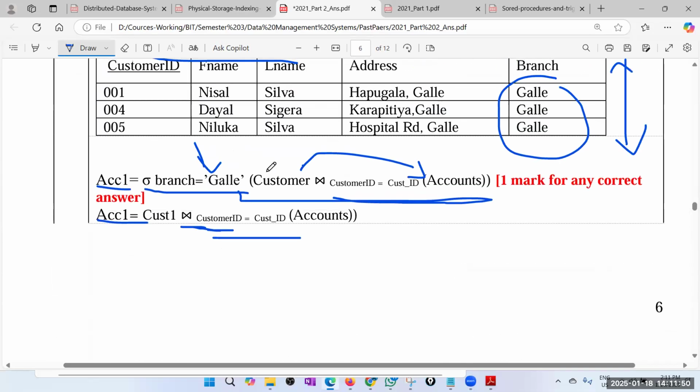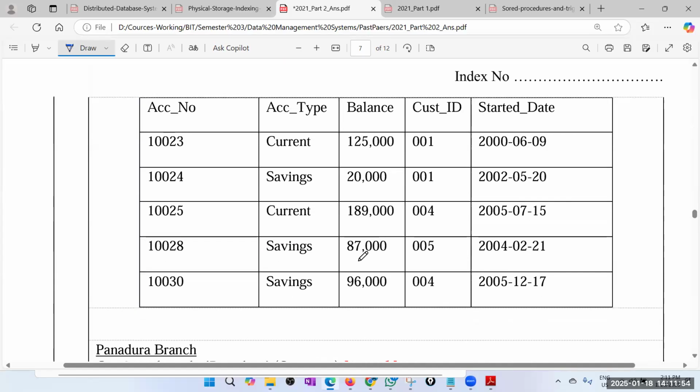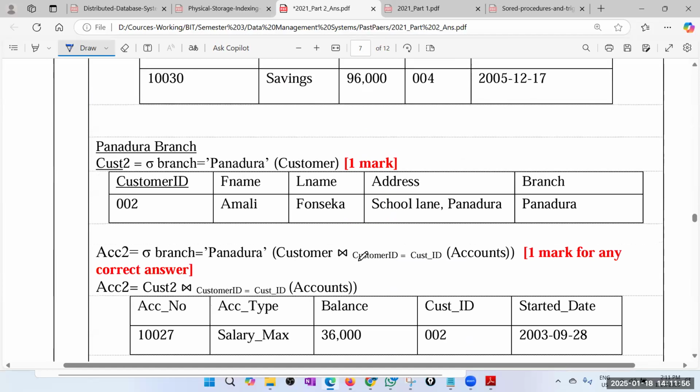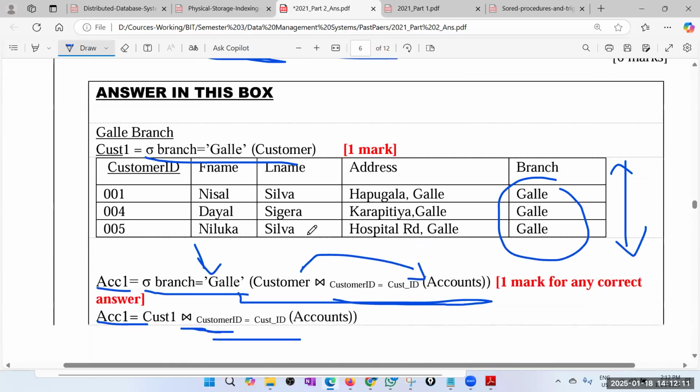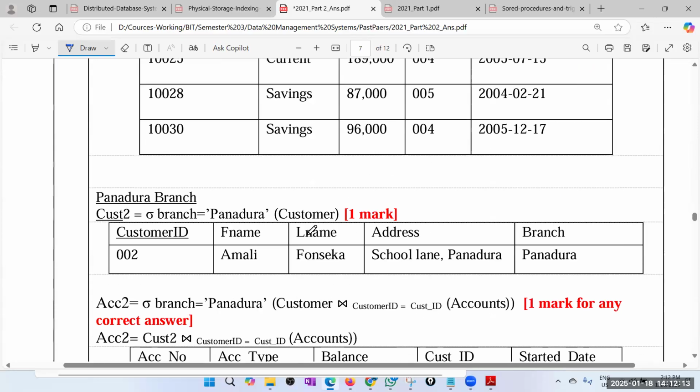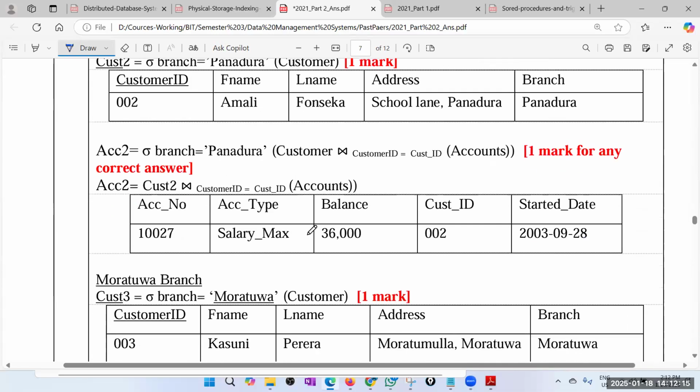So for the Panadura branch the only difference is now it is Panadura here. The third branch is Moratuwa. For Moratuwa, you must be careful. Moratuwa is the head office. So don't sigma that.